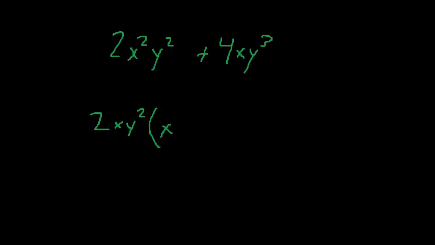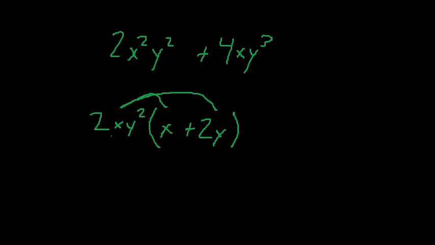Pulling that factor of 2 out of 4, I have plus 2. Pulling out my x, so there's no more x. And then pulling out our y squared from our y cubed, this is the same as y cubed divided by y squared, which just leaves me with y to the first. So this then is my factored form, and we can verify that this is indeed the correct factorization. If I were to distribute this again, I should get back what I started with.